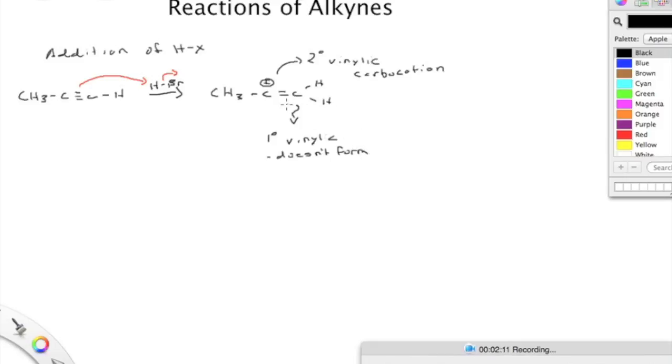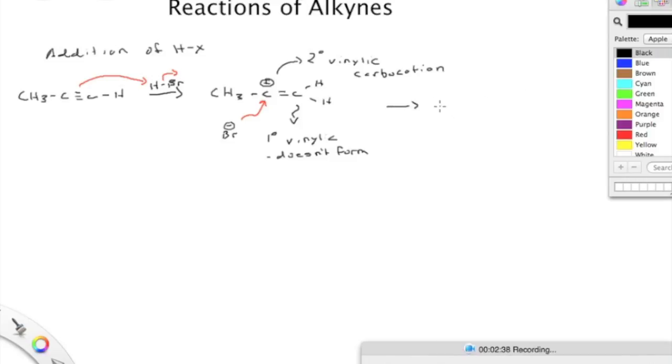Okay, so now you can see that we're going to end up getting our Br minus that's going to attack at this point on this carbon, not on this carbon. So the more highly substituted carbon is the one that forms. And so I'm just going to draw right down here my Br minus and have this guy going in and attacking this carbocation.